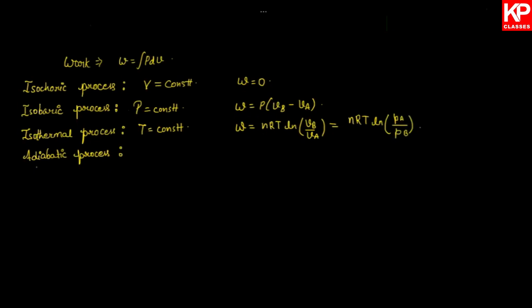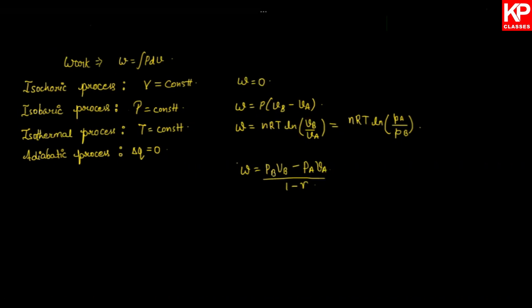Similarly, for the adiabatic process, there will be no net change in heat, so delta Q equals 0. And the work expression is given by, I'm writing it down over here, (PBVB minus PAVA) upon (1 minus gamma).